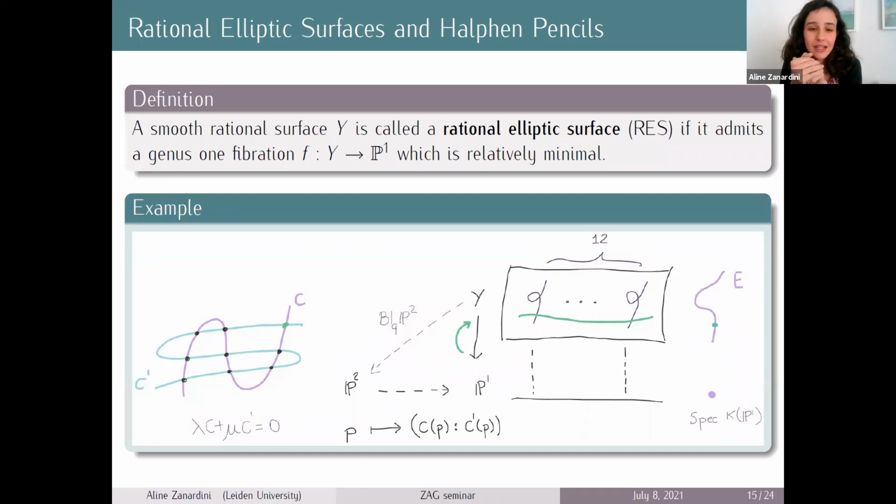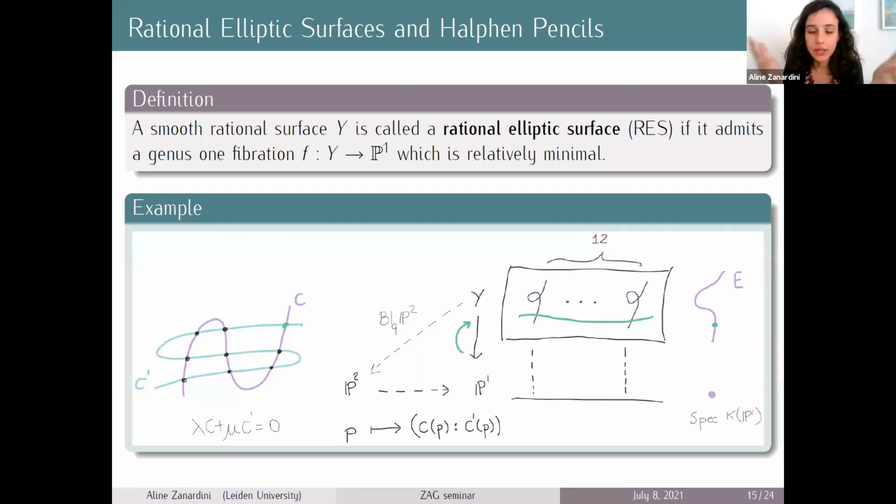On the left here is my illustration of a pencil of cubics with a smooth member. So let's say we have two cubics, C and C prime, intersecting at 9 points.